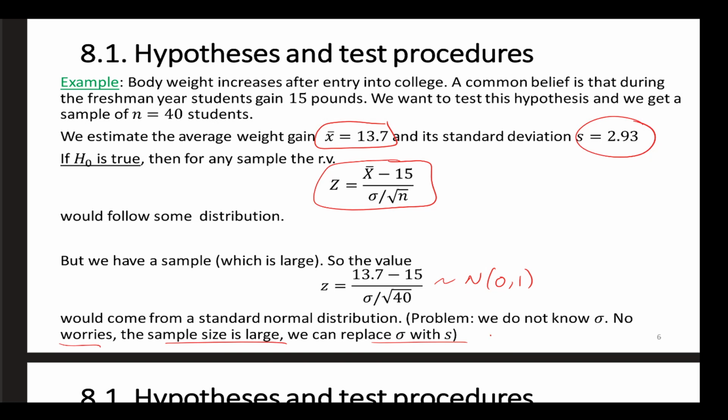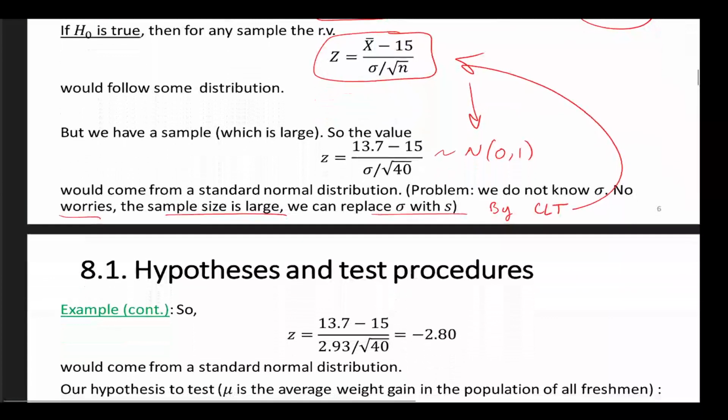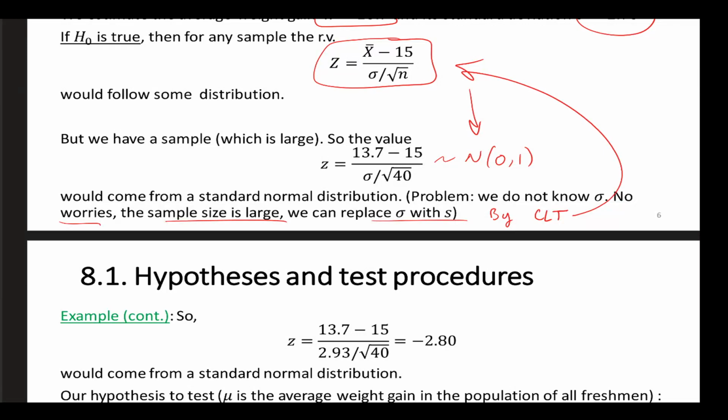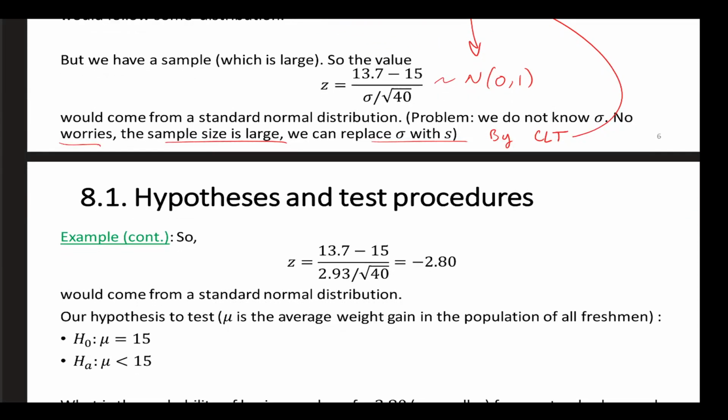So basically by the central limit theorem, if you have a large sample, then this thing follows a standard normal distribution. So the corresponding z value, if we plug in S instead of sigma right here, we get negative 2.80. Would come from a standard normal distribution.